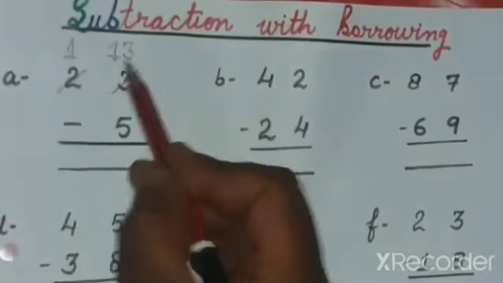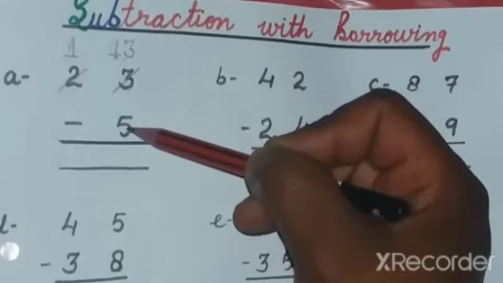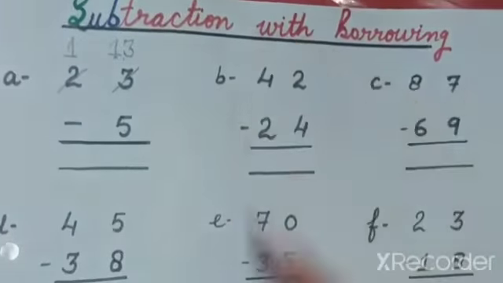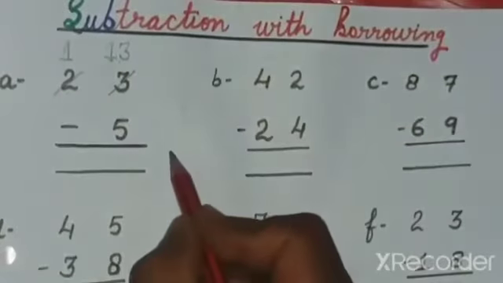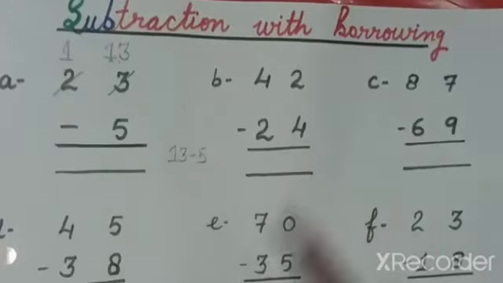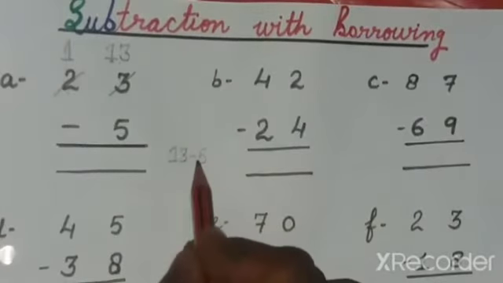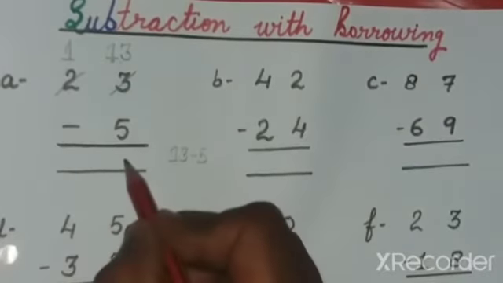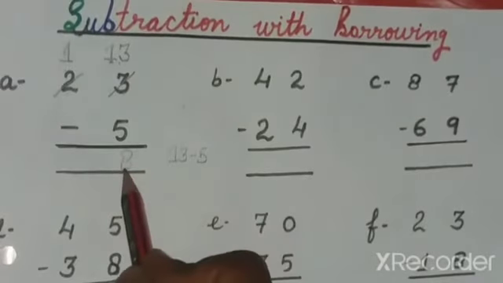Now it is 13. Now we can subtract 5 from 13. So what is the answer? 13 minus 5 is equal to 8.